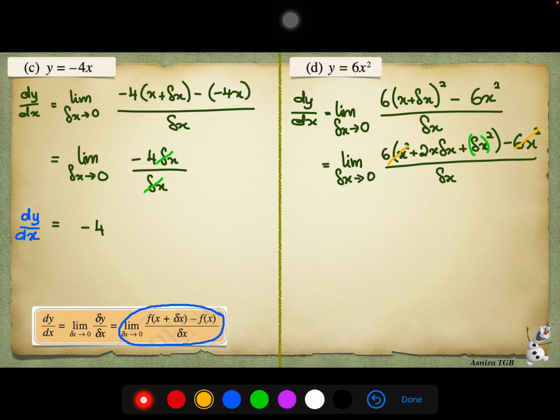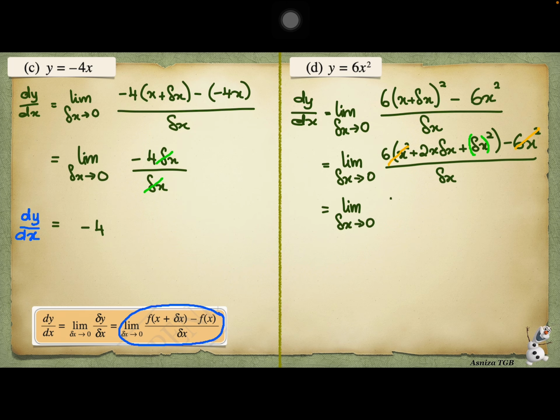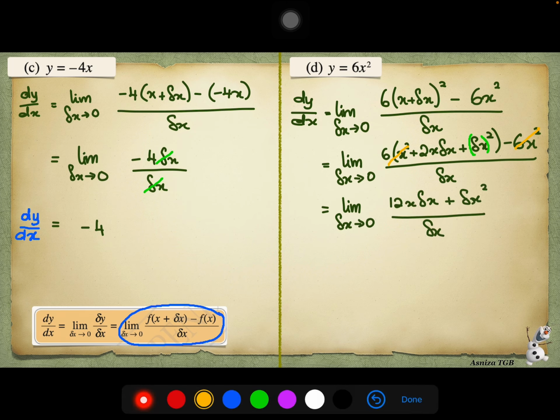It becomes 0. So now we have 6 multiplied by 2x delta x, plus 6 delta x squared. So here we have the limit as delta x approaches 0 of 12x delta x, that is 6 times 2x delta x, plus 6 times delta x squared.